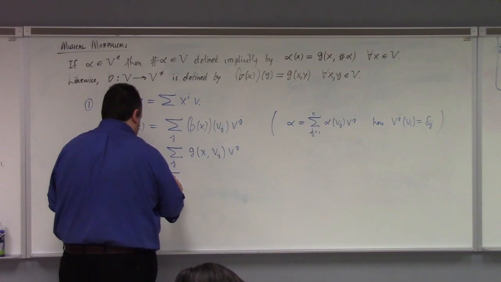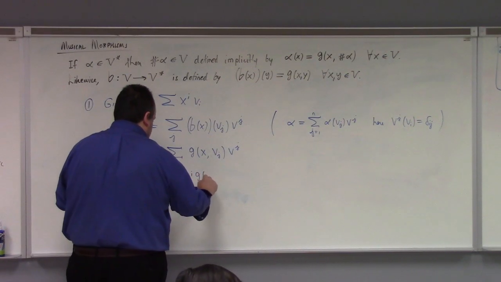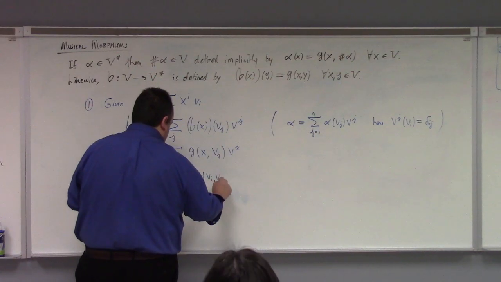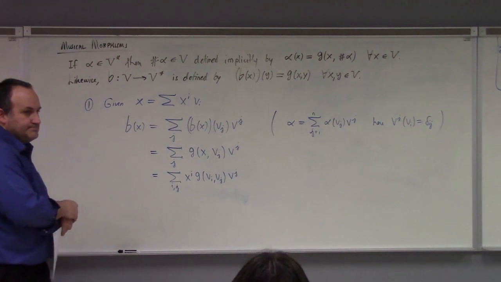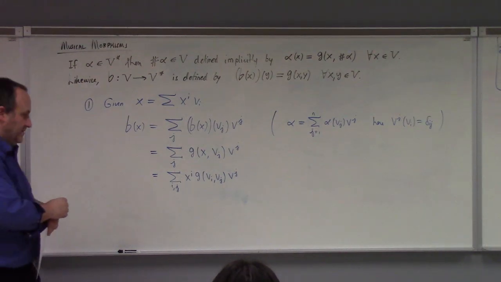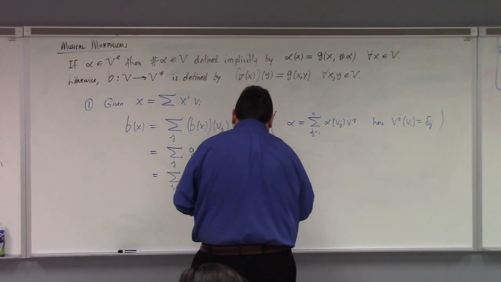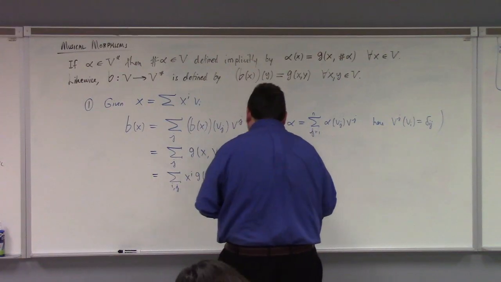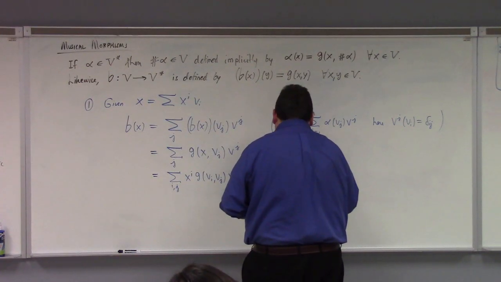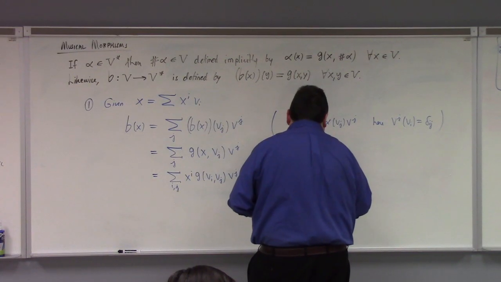So we can rewrite this as the sum over i and j of x upper i, g of v_i, v_j, times v^j. Which in our notation is the sum over j of the sum over i of x upper i, g lower ij, all times v upper j.